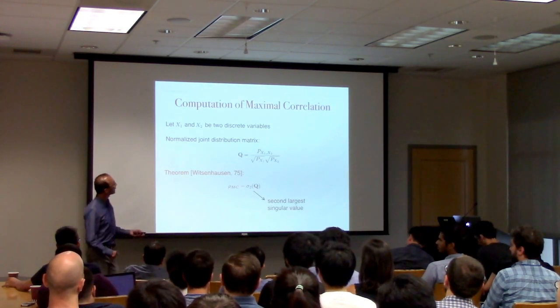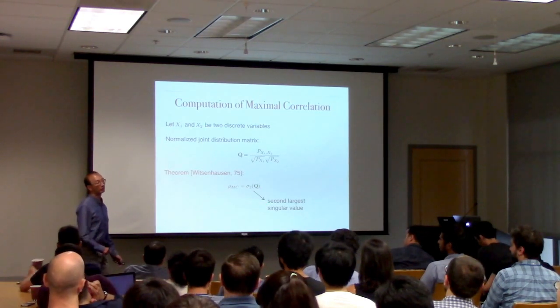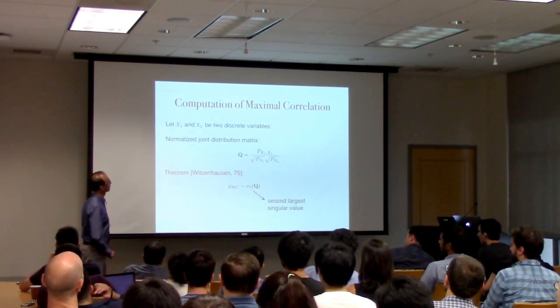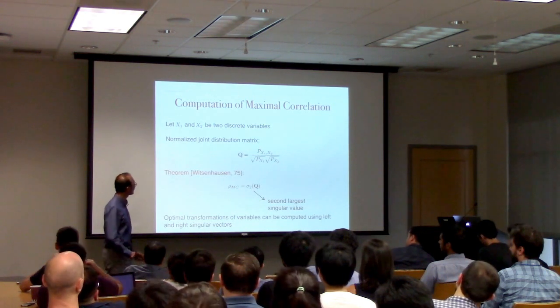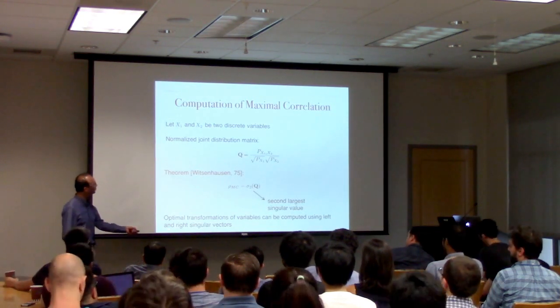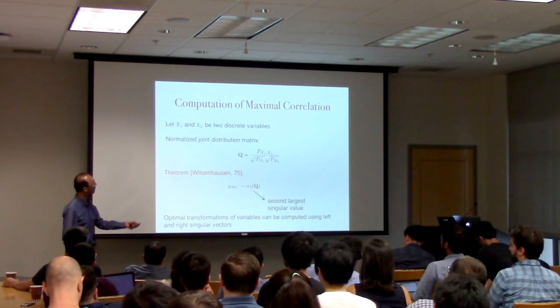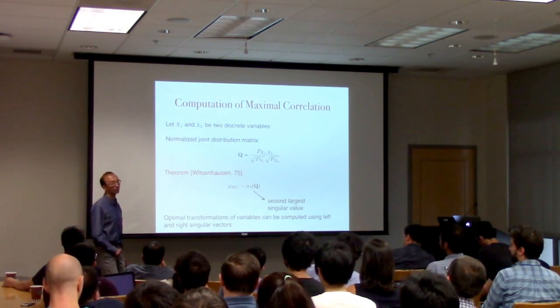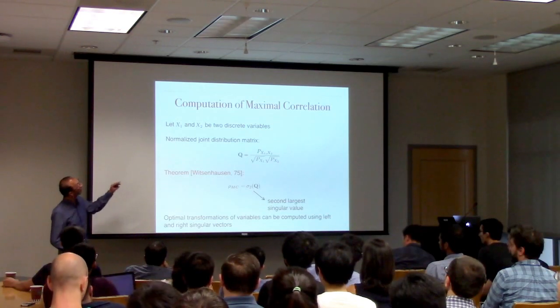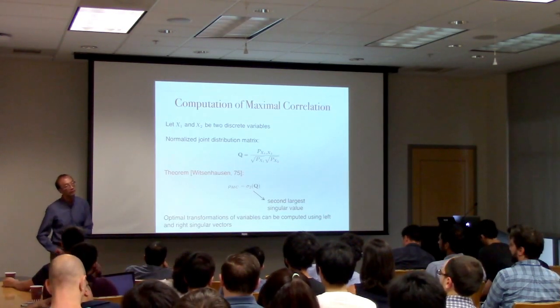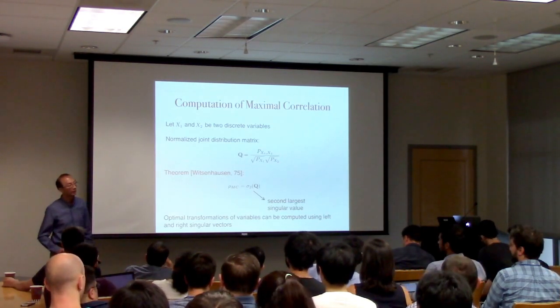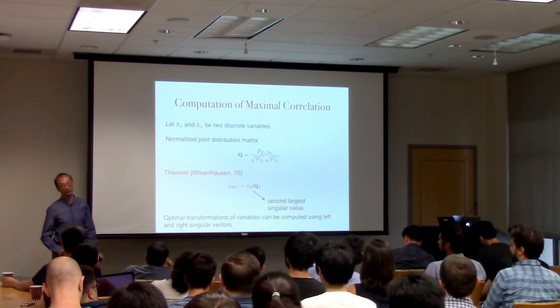This is a relatively easy computation. And once you compute this, using the left and right singular vectors of this matrix corresponding to this value, you can also compute the optimal transformation. So underlying this maximum correlation, there's also a relatively easy computation.